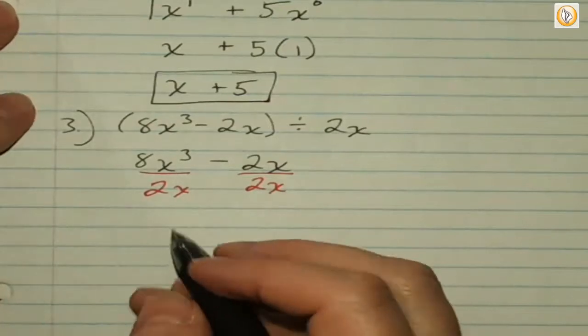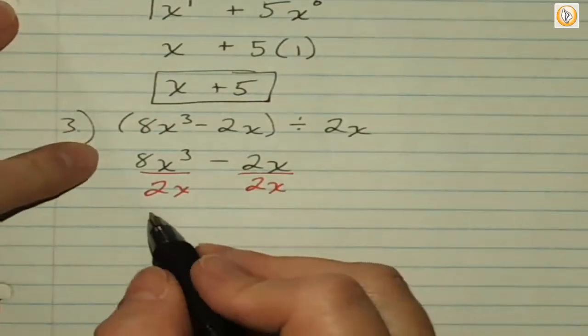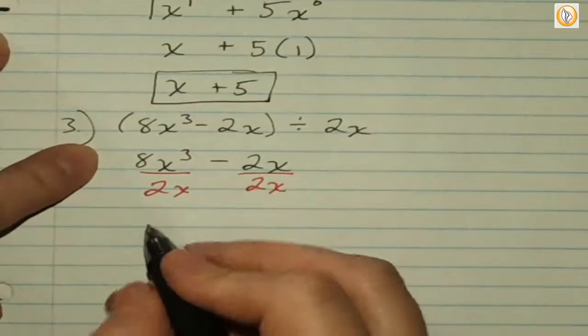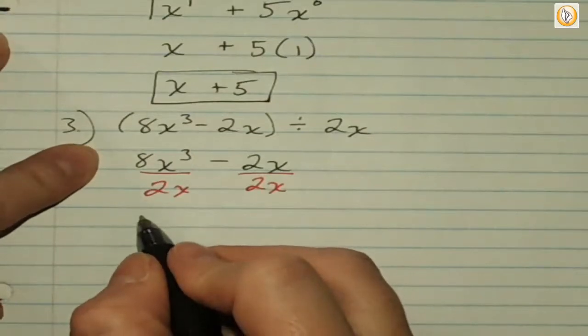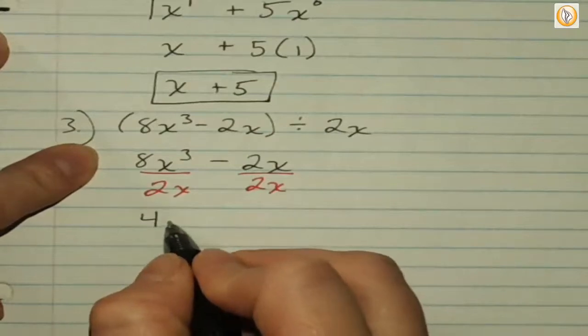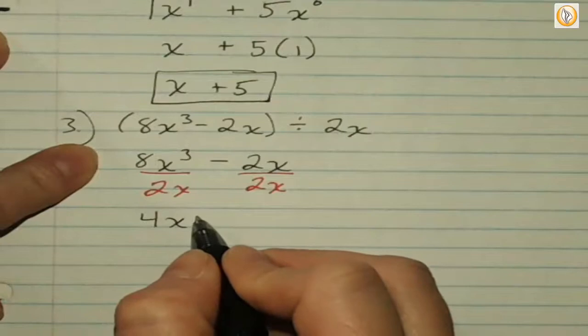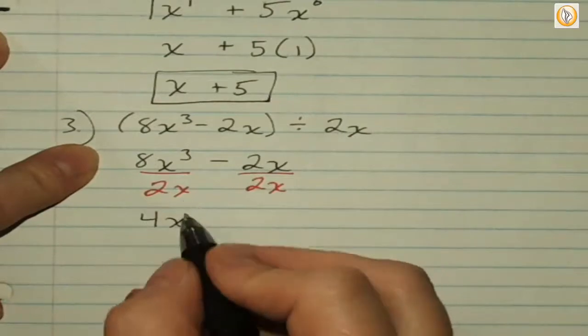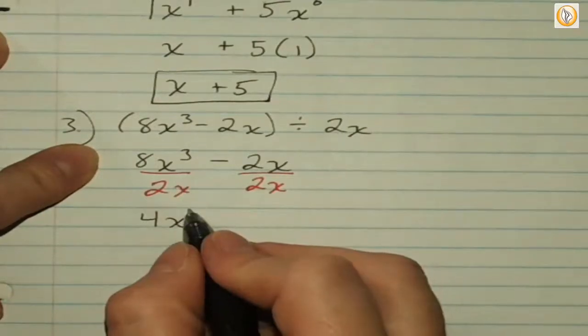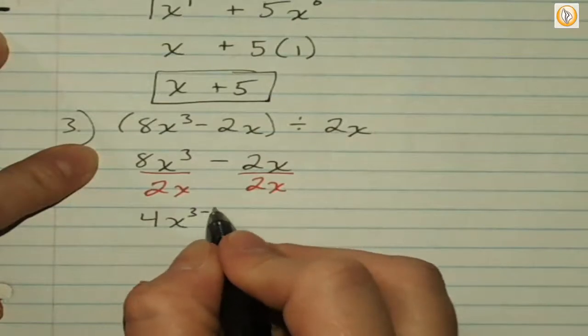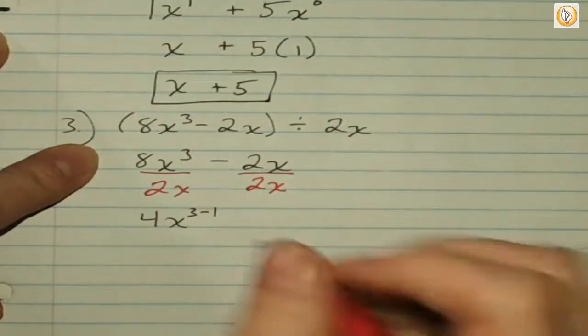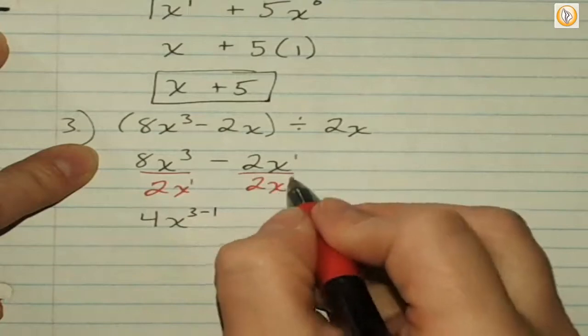We want to divide 8x cubed by 2x and that equals 4x. Tell me how you would do the exponents. 3 minus 1, because we pretend there's a 1 here, here, and here.